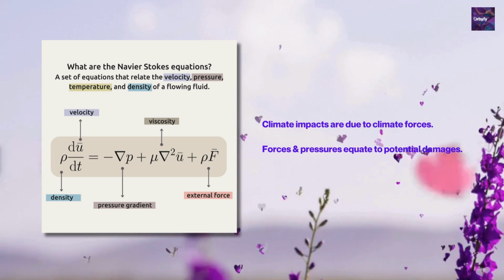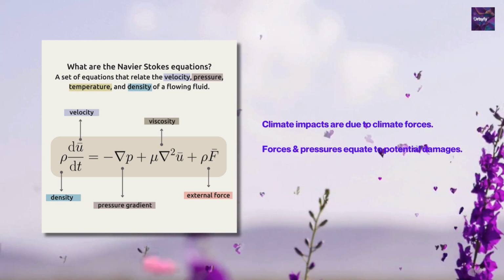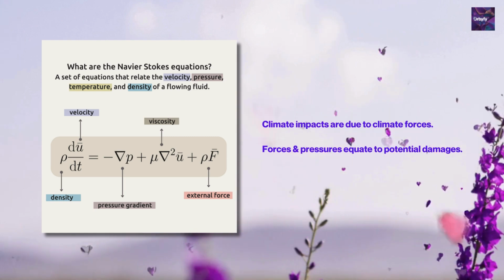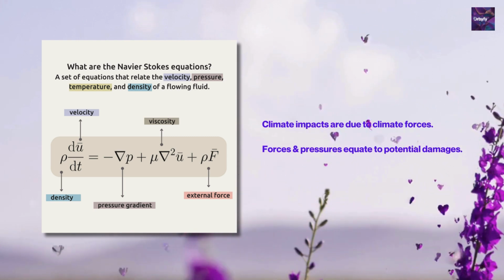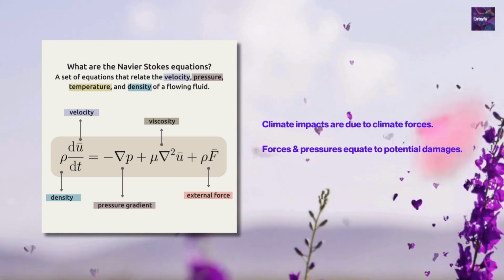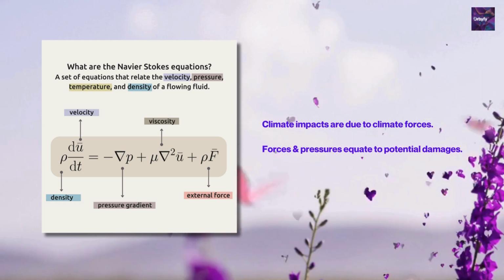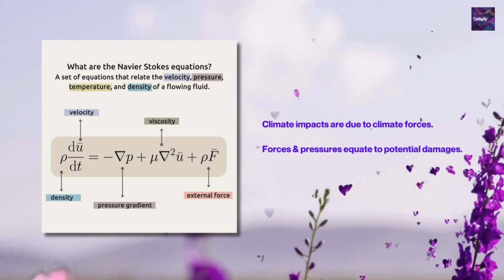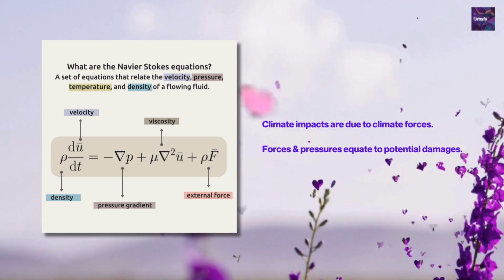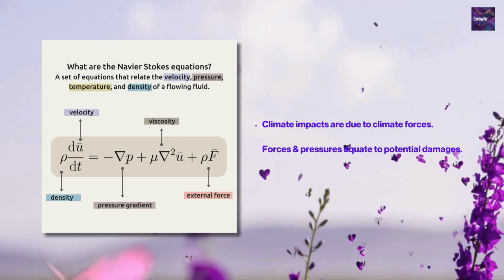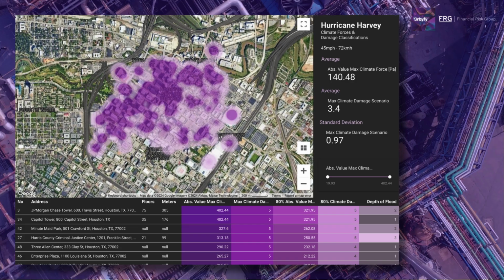A hurricane or a major wind event translates into wind pressures on structures. A flood event or a river-based flood or a flash flood results in hydrodynamic or hydrostatic forces on a structure. A hailstorm results in point forces on a structure. So you get my point. Every climate event results in climate forces, and this continues to be the missing link today. But this is what Orbyfy solves.